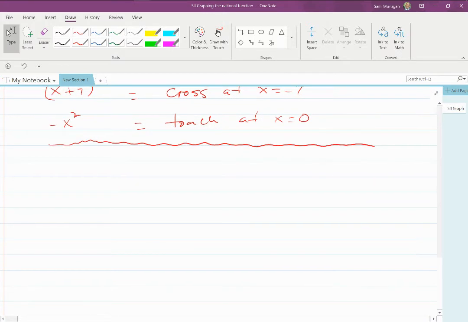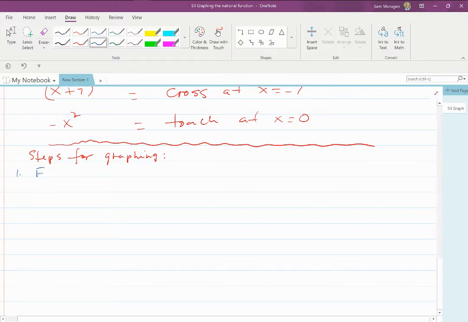Now, I'm going to give you some steps for graphing, and we're going to follow these steps for the example problems that I do. I've simplified these steps to the basics.